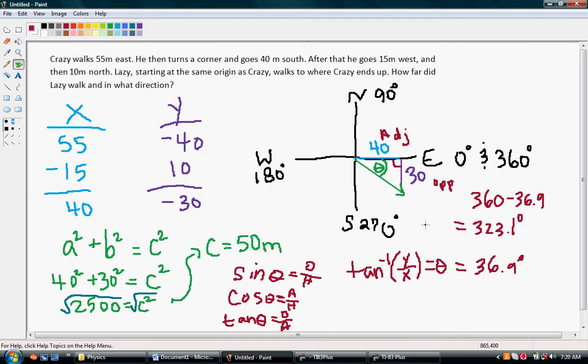So this is our direction. So Lazy's resulting motion is 50 meters at 323.1 degrees.